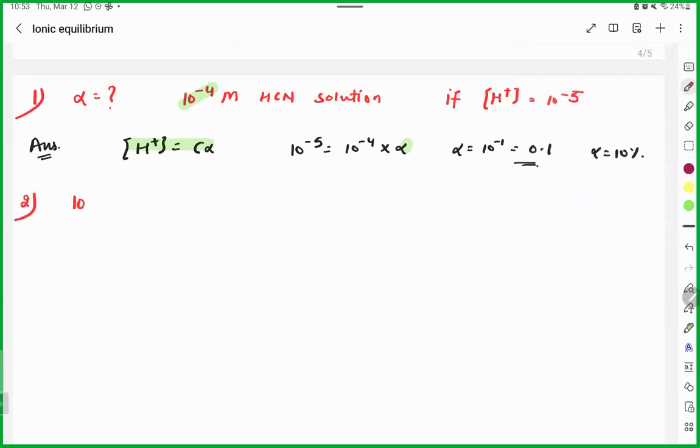If you have 10 molar of CH3COOH, then if your Ka value is 10 raised to power minus 5, calculate alpha, H positive concentration, and pH.